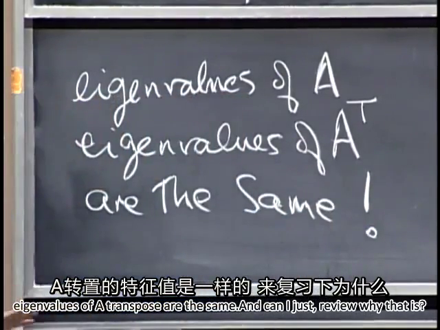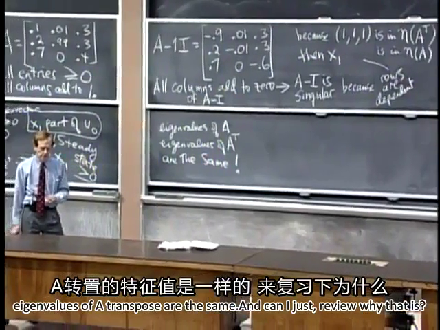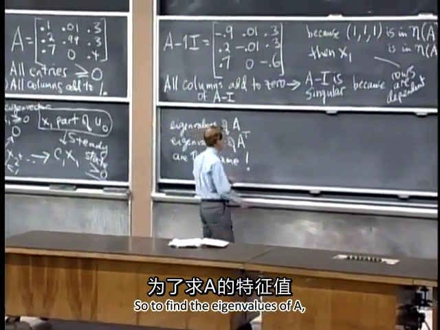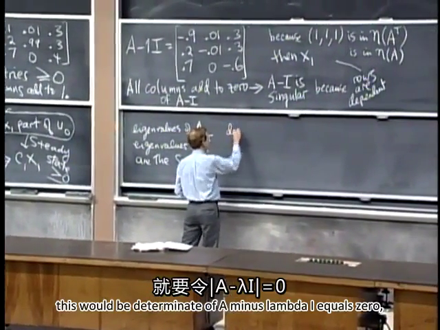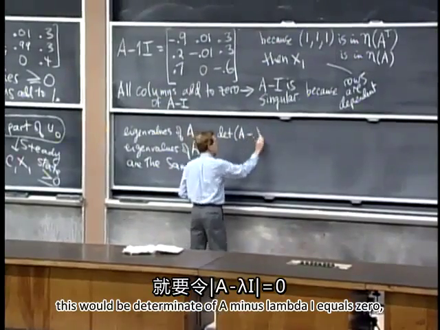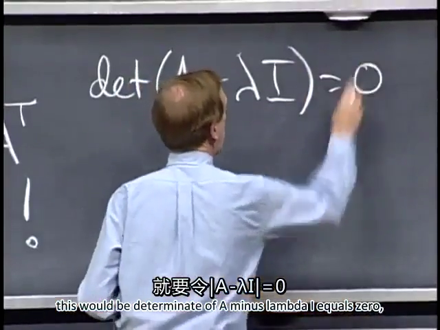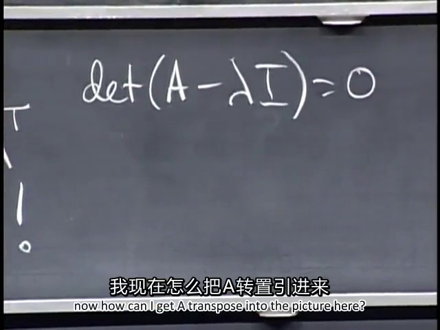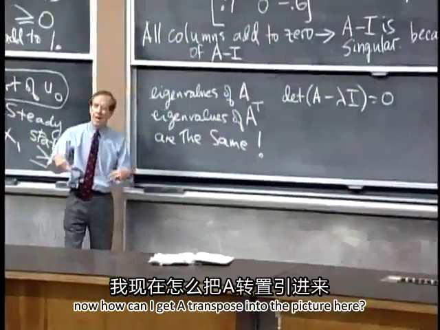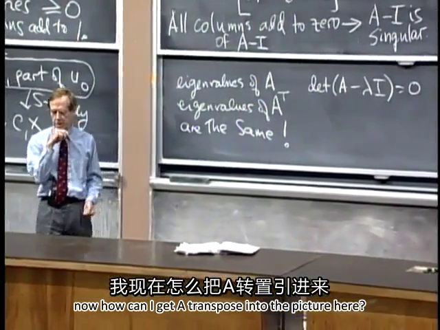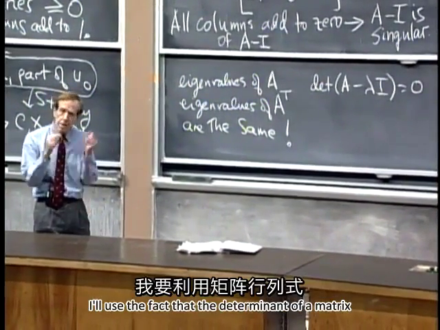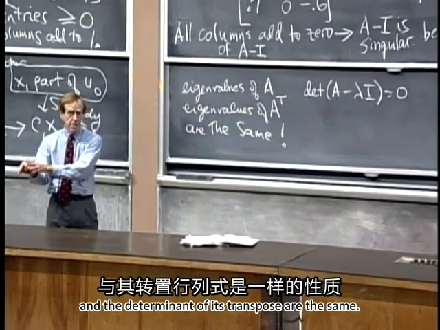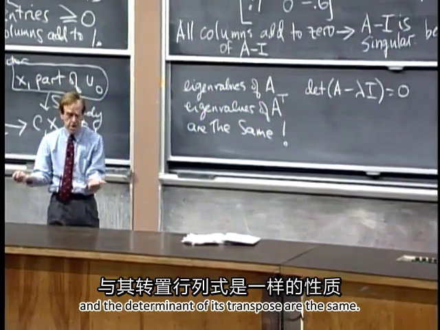And can I just review why that is? So to find the eigenvalues of A, this would be determinant of A minus lambda I equals 0. That gives me an eigenvalue of A. Now, how can I get A transpose into the picture here? I'll use the fact that the determinant of a matrix and the determinant of its transpose are the same.